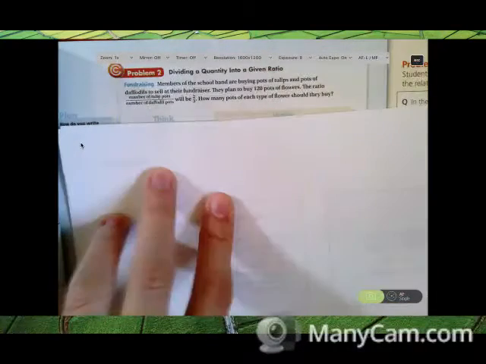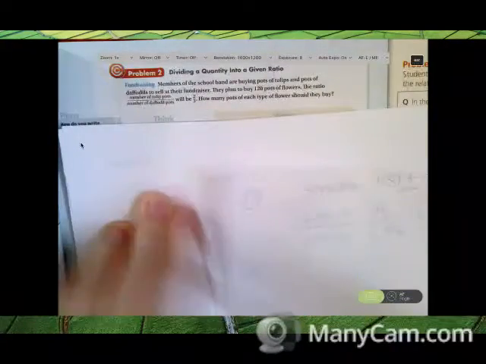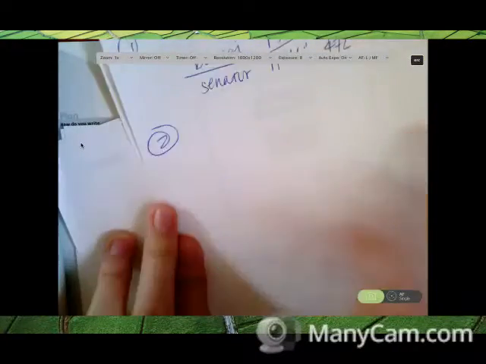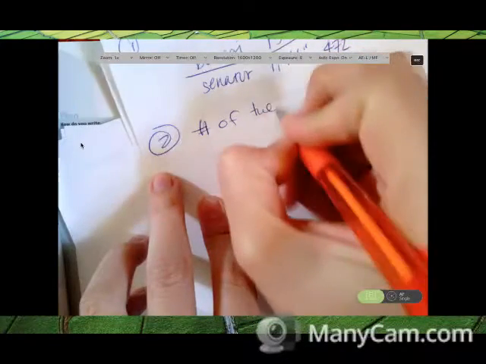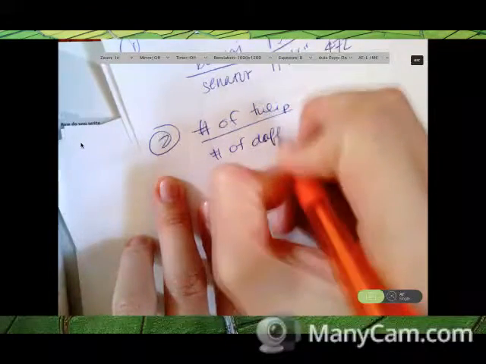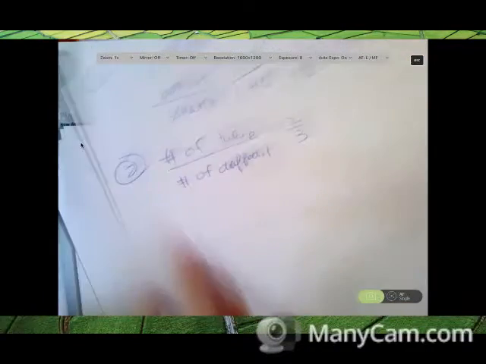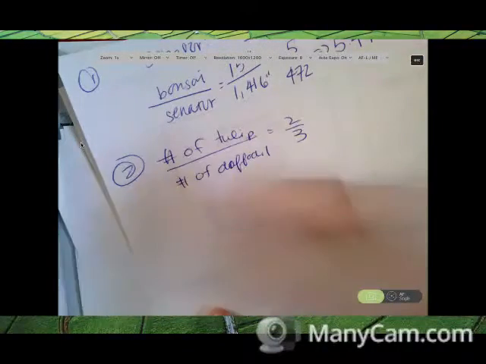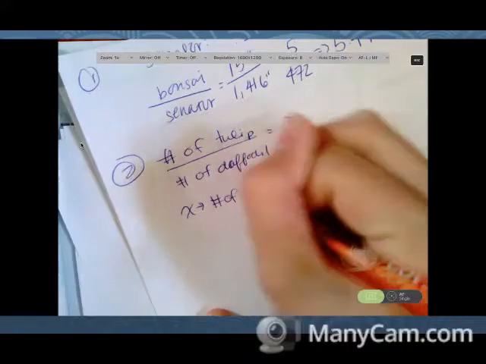Alright, so the ratio we have is the number of tulip pots to the number of daffodil pots. So that's 2/3. We want to know the number of flower pots, so we're going to let x equal the number of pots.